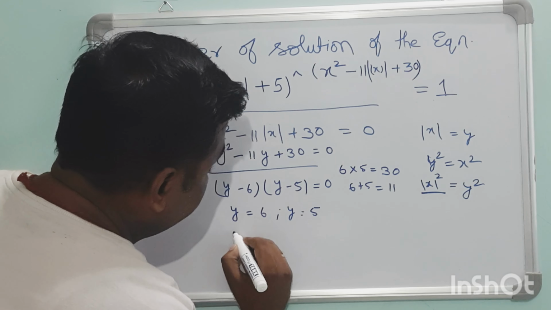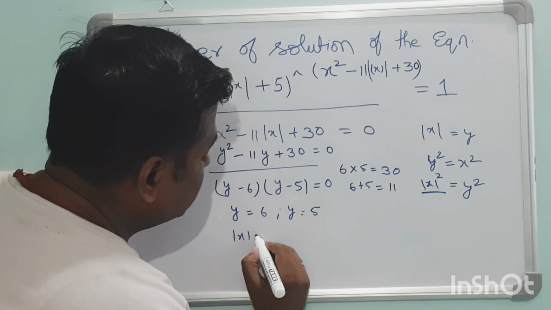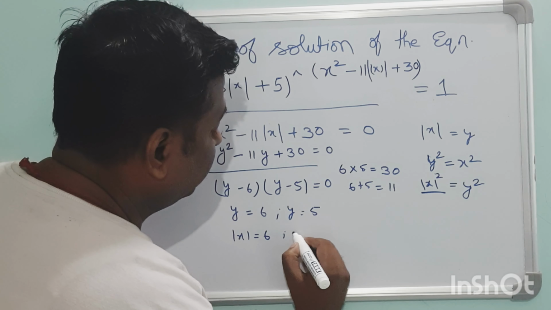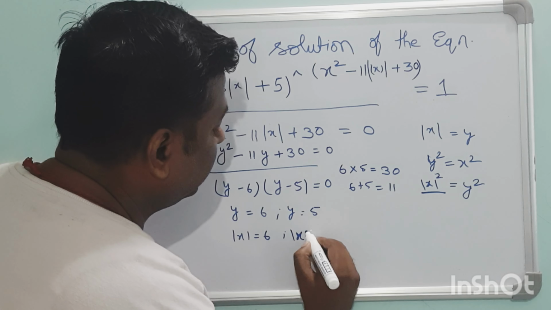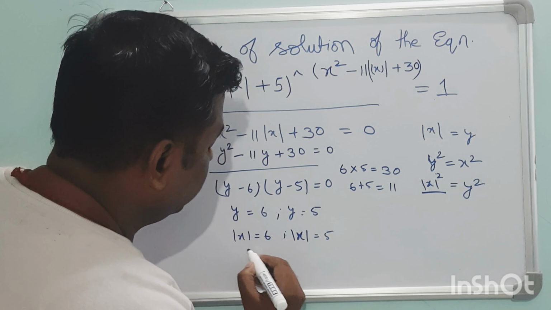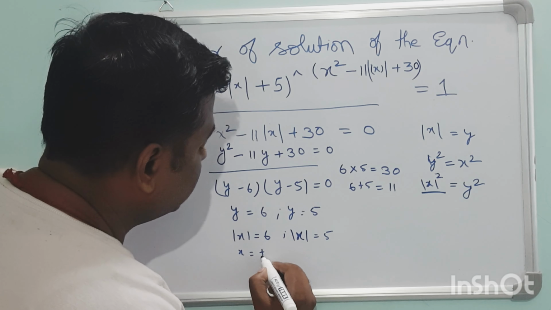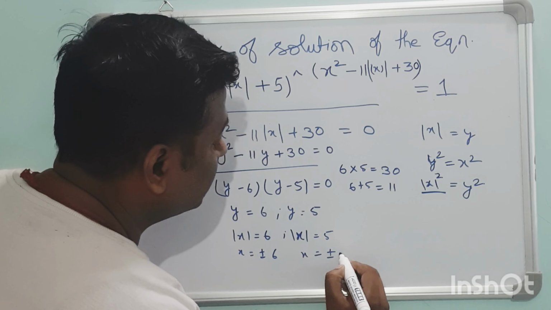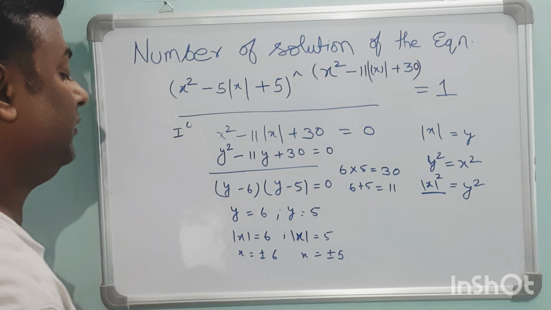Now this y is mod x, so mod x is equal to 6 and mod x is equal to 5. From here we get plus minus 6, and from here plus minus 5.